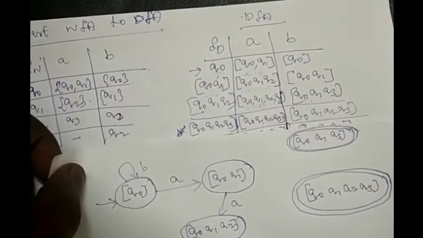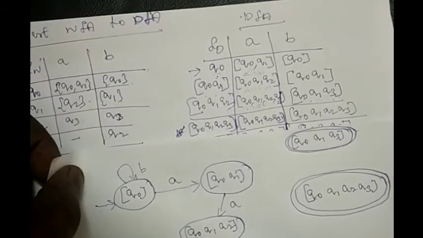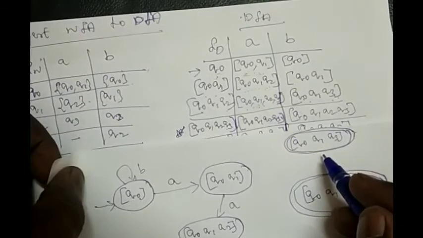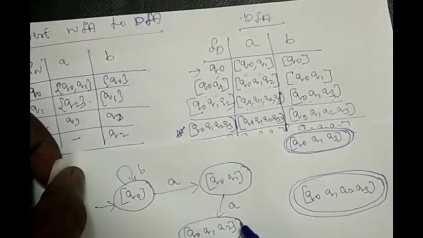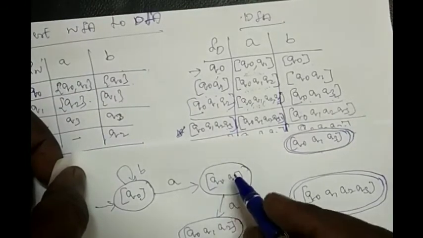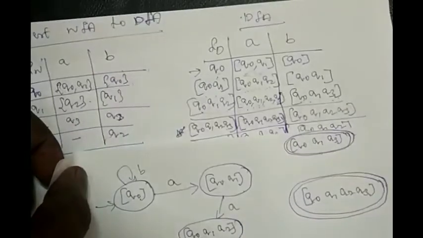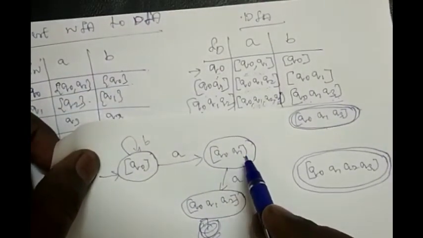Now I come to the third state, Q0, Q1 and Q2. Small correction here: when A is applied in Q0, Q1, it goes to Q0, Q1 and Q2.